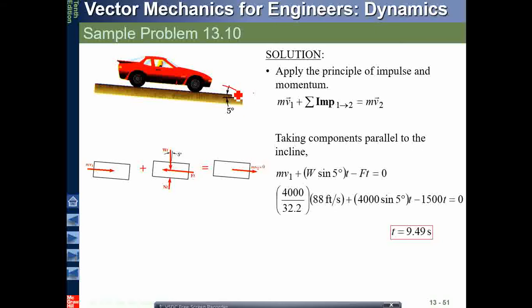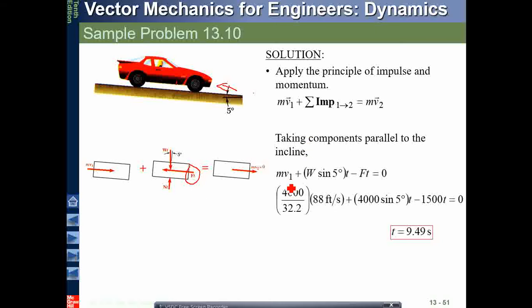And there is a braking force also, which is trying to stop or decelerate this vehicle. So we have the weight of the vehicle and the normal force offered by the ground, and this Ft is the friction force or the braking force, and this also is multiplied with time. So time is explicitly included in the equation.